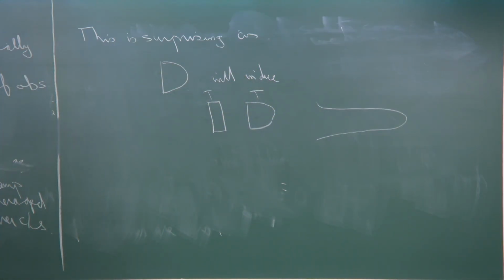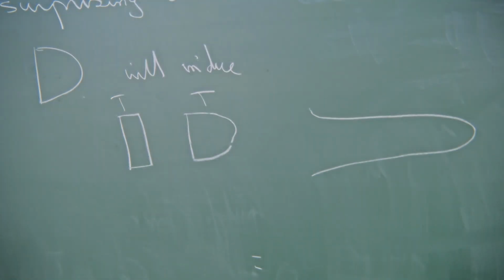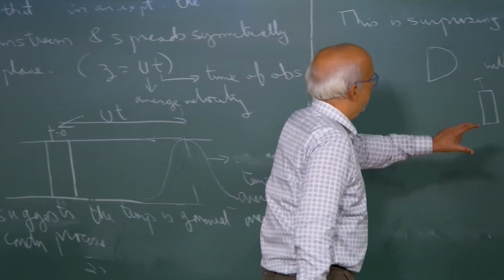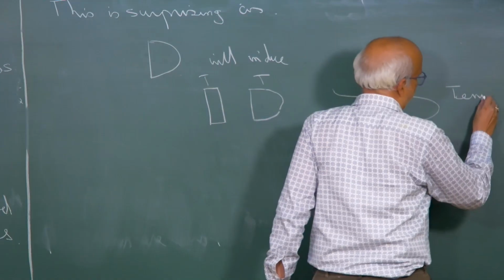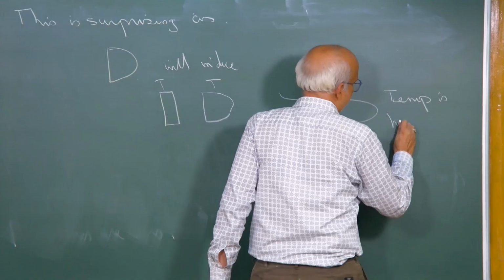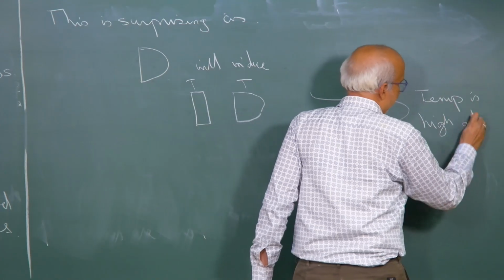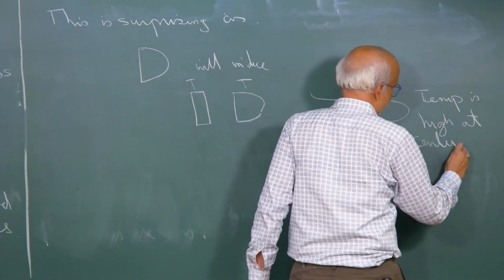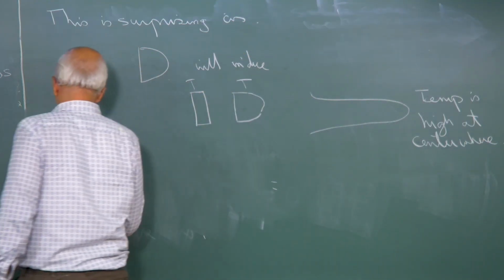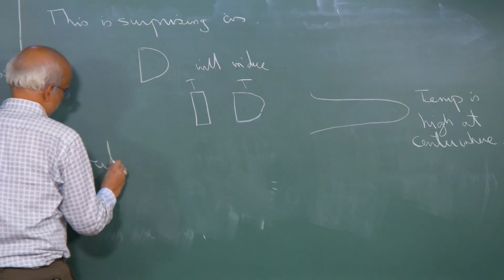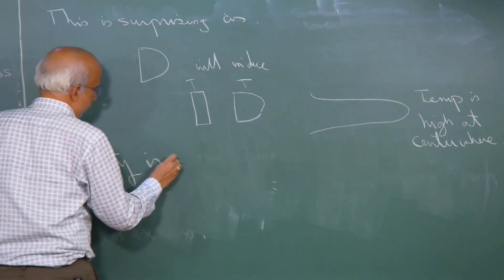So what you expect is that the temperature is high at the center, where the velocity is a max.